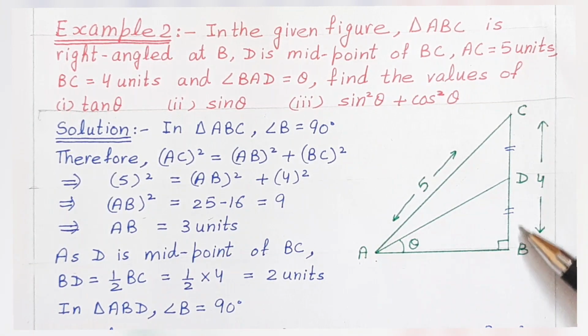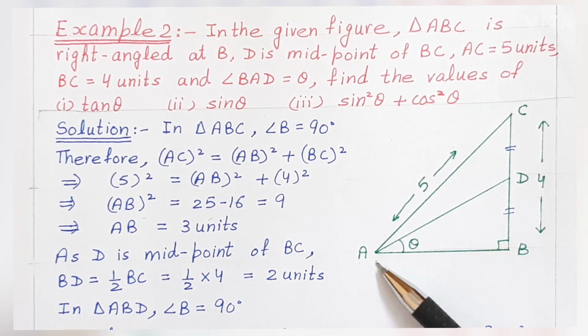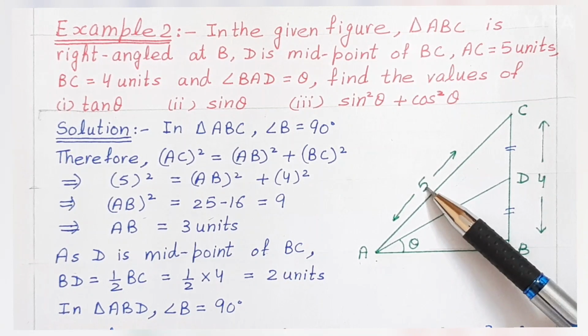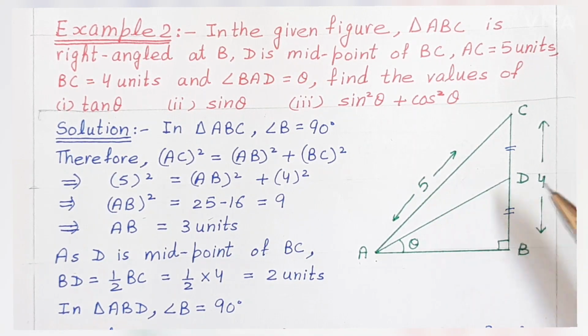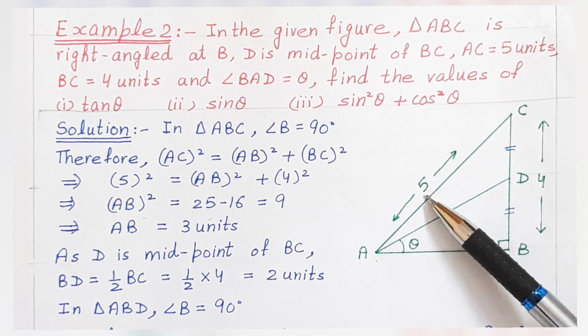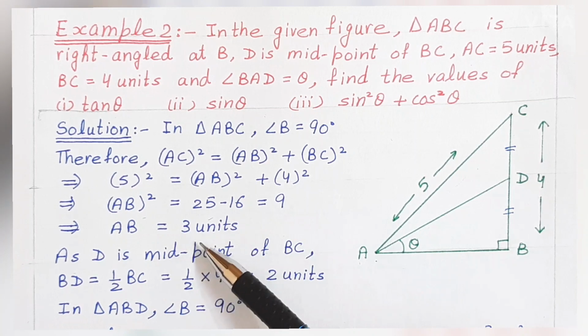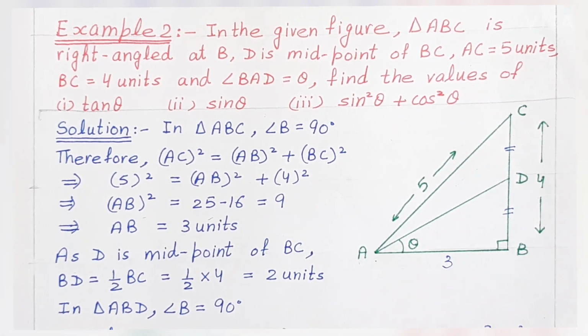In triangle ABC, let us apply Pythagoras theorem and find AB. So AB will be 5 square minus 4 square. That is 25 minus 16. So that will come out to be 9. Now 9 is a square of 3. So AB is 3 units.